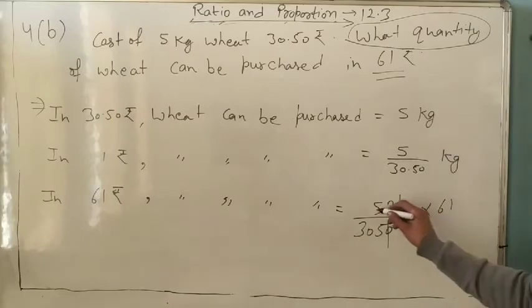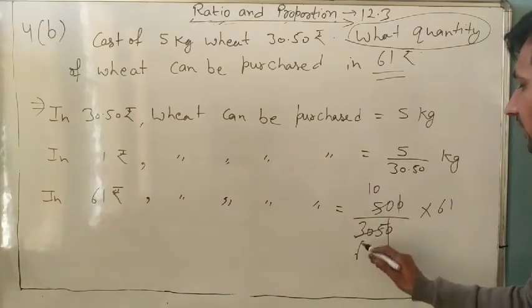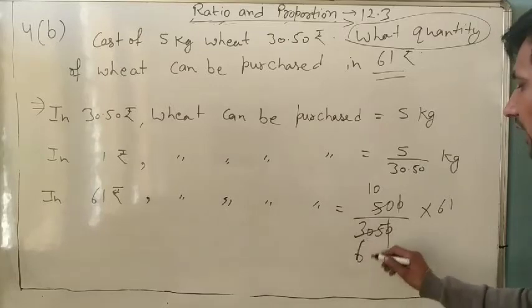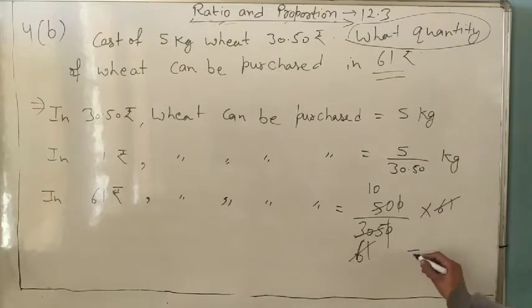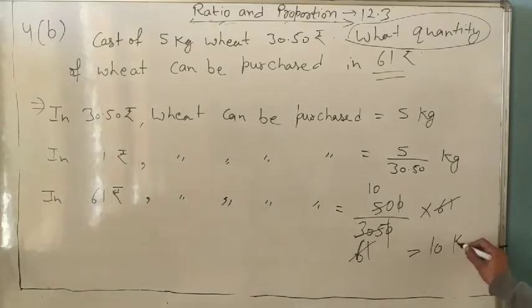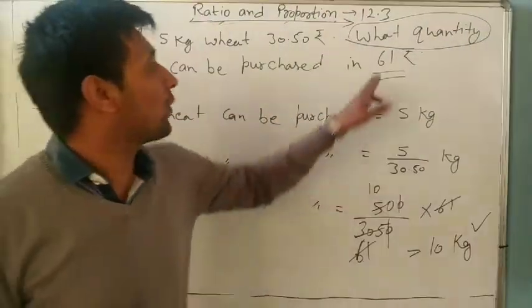Yes. 5 into 10, 5 sixes are 30, 1 sixes... 61 cancels 61. What remains? Only 10 kg. So how much can we purchase in 61 rupees? 10 kg.